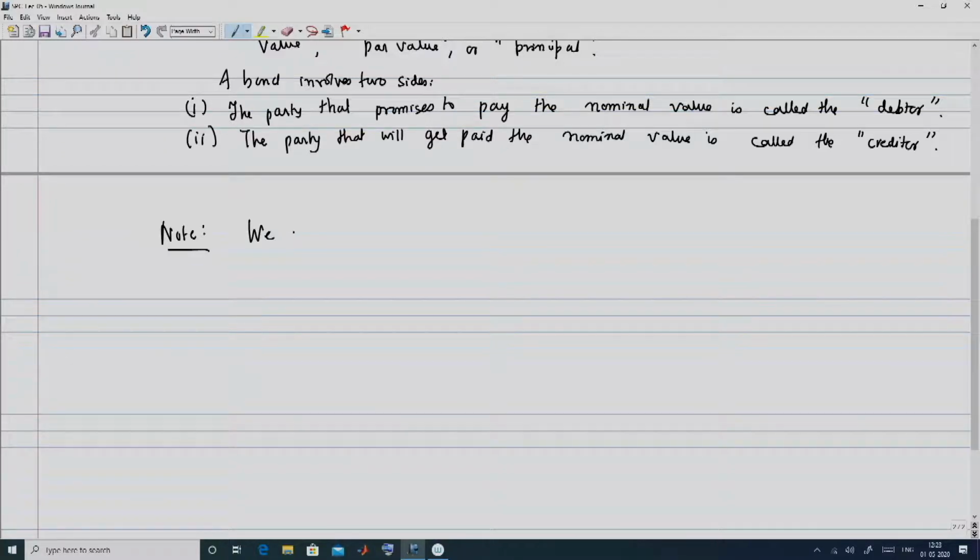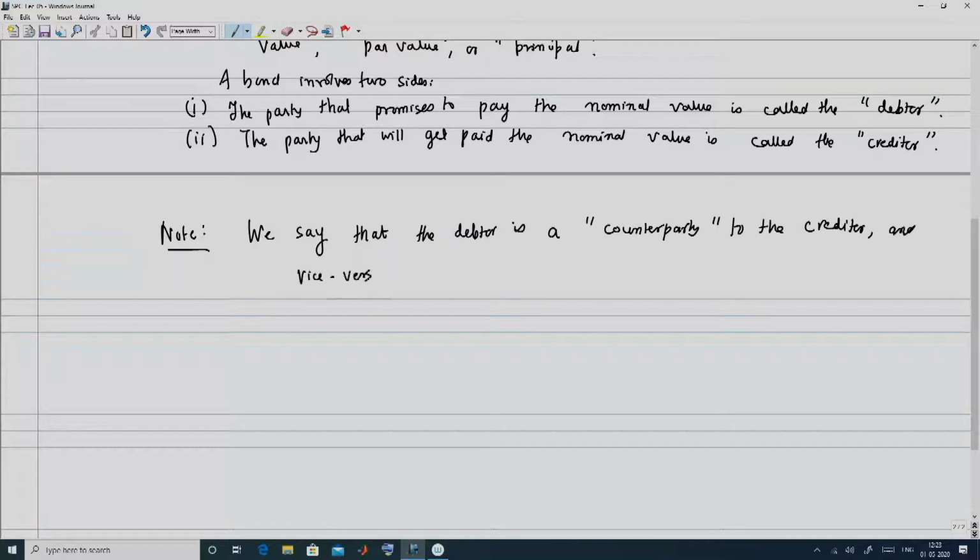This is a term that is used in general for any kind of financial instrument, and I will define this in the context of a bond. We say that the debtor is a counterparty to the creditor and vice versa.